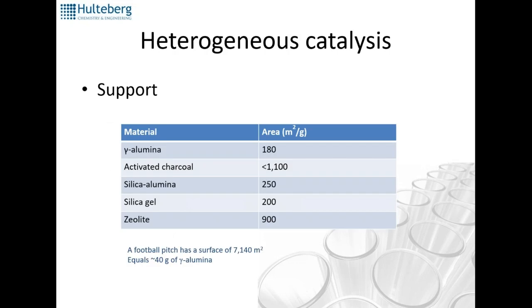If we pinpoint some of these materials, the surface area ranges from 200 to more than 1,000 square meters per gram. To give you an idea of how large that is, a football field is about 7,000 square meters, which is about the same as 40 grams of gamma alumina. So the inside of these materials has very, very large surface areas.